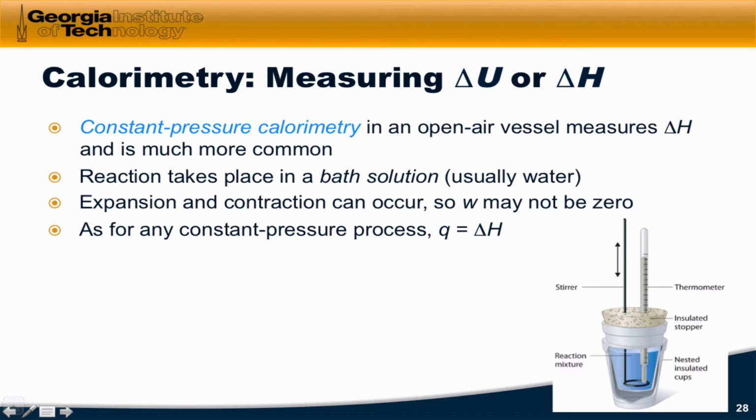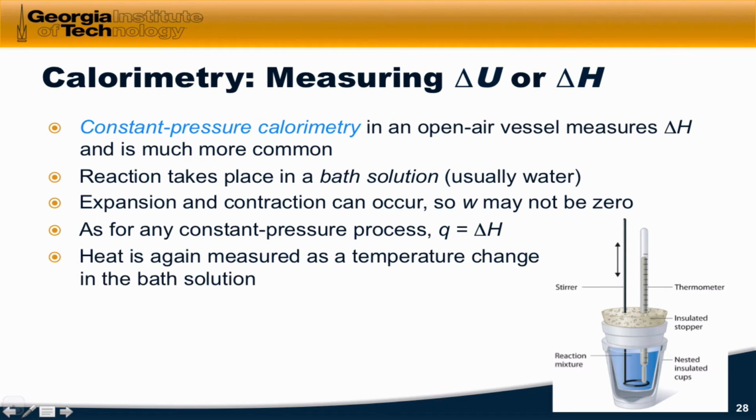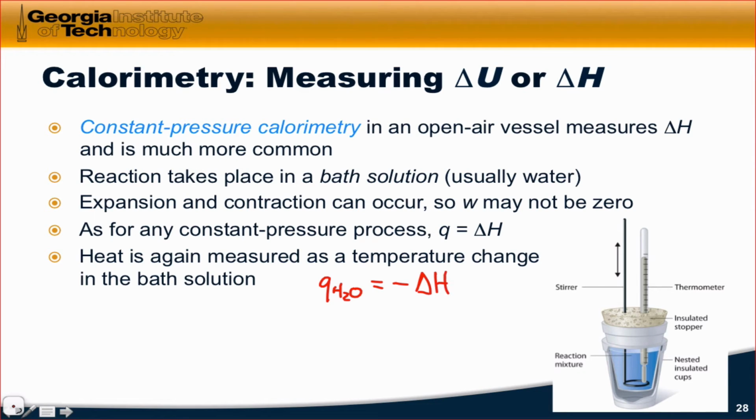But like we've seen for any constant pressure process, the heat evolved is equal to delta H. And since the heat is measured as a temperature change in the bath solution, just like for bomb calorimetry, we can write that the heat, say, absorbed by the bath solution is equal to the negative of the change in enthalpy for the reaction itself, or the negative of the reaction heat, the heat from the system's perspective.